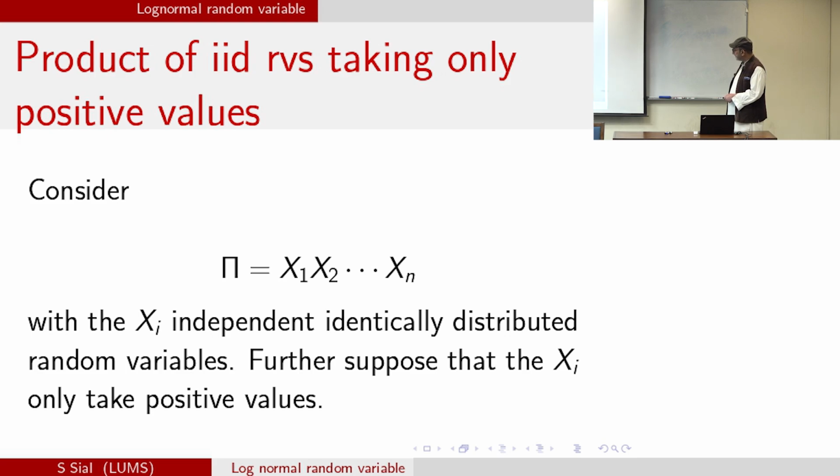And let's also impose the condition that the xi only take positive values, because I want to take the logarithm of this product, and I don't want to take logarithms of negative values.